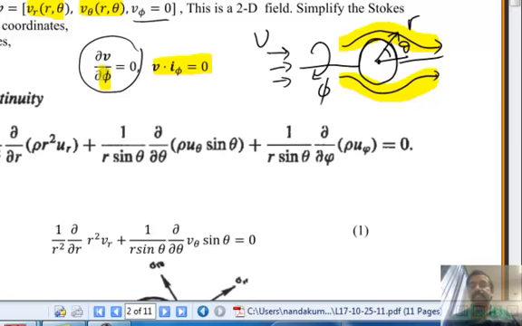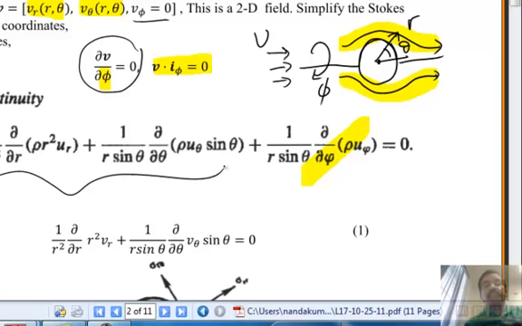And that means you can cancel this term from the continuity equation in spherical coordinates. And you're still left with these two terms that are not 0. Okay? And remember, we'll have three unknowns. The three unknowns are Vr, V theta and P, the pressure, which is also a function of r and theta.